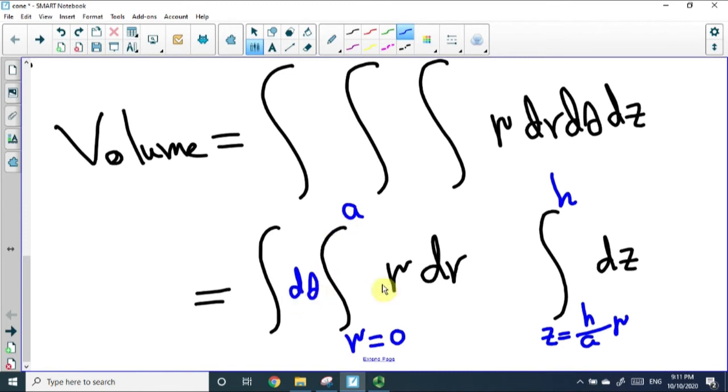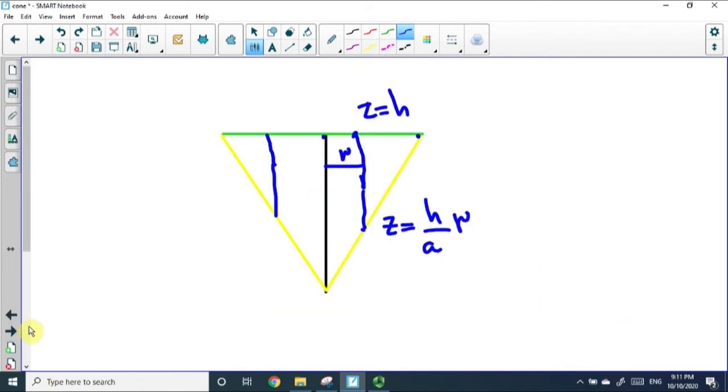Now, once you do those two pieces, the integration over z and the integration over r, you are really integrating over that small right side triangle. Let's go back to this. So you are integrating over this area.